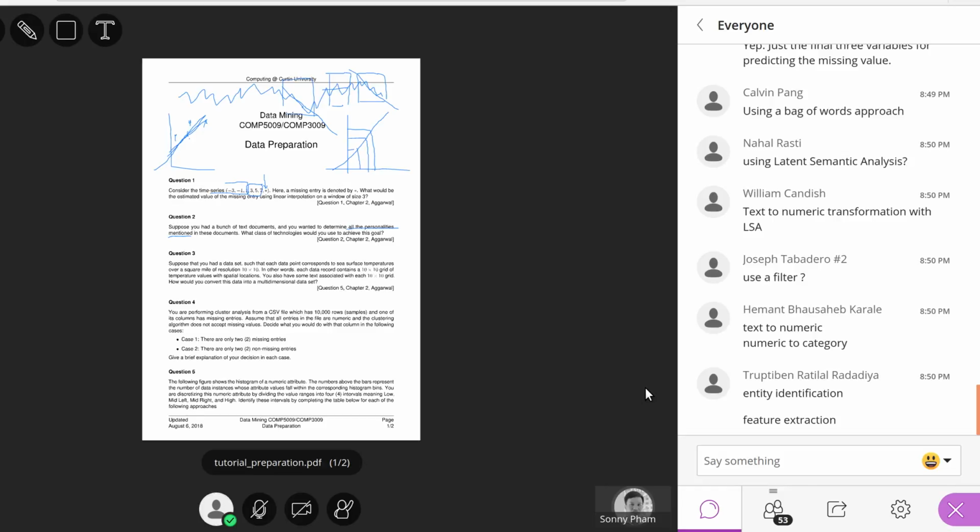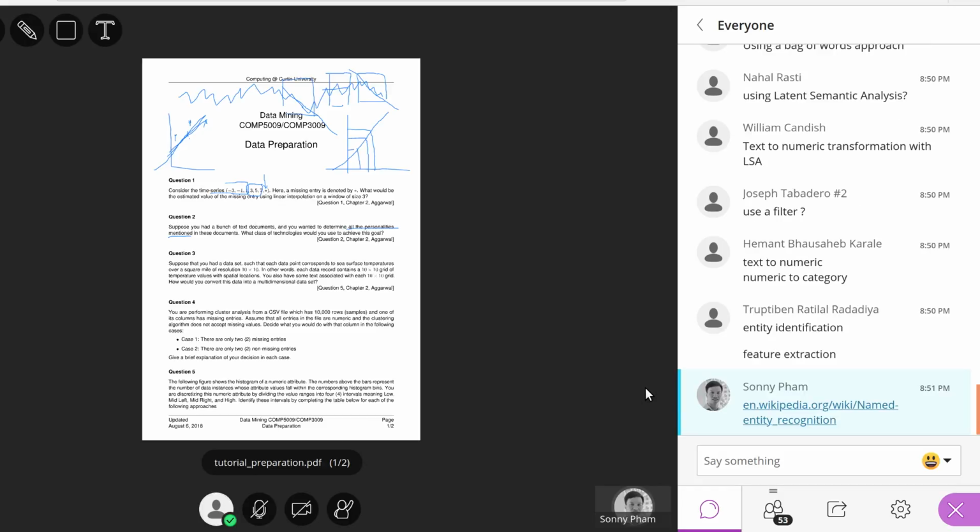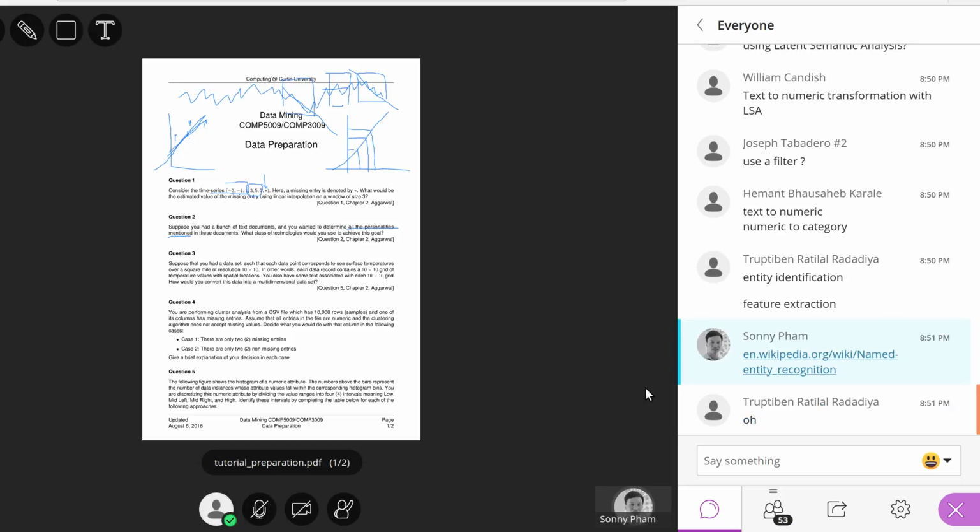For those of you who said feature extraction, yeah, feature extraction is a general name for it. Yeah, data mining. But the actual technology that you might want to know is called named entity recognition. There are a lot of demos on the internet, so you can have a look at that as well.